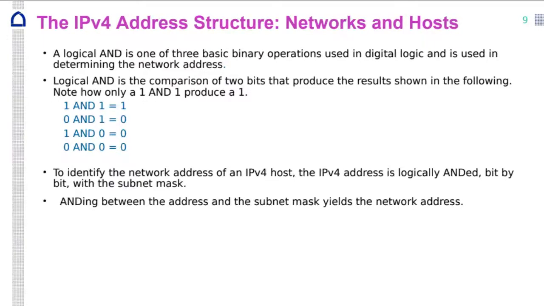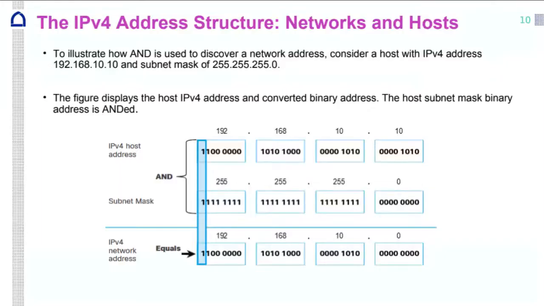So to identify the network address of an IP version 4 address, the IP version 4 address is logically ANDed bit by bit. Then we find out the network address. Here is an example. Here I have an IP version 4 host address 192.168.10.10, and this is my subnet mask 255.255.255.0. How do I know my network address?